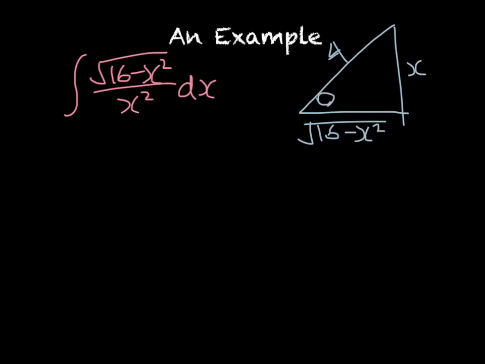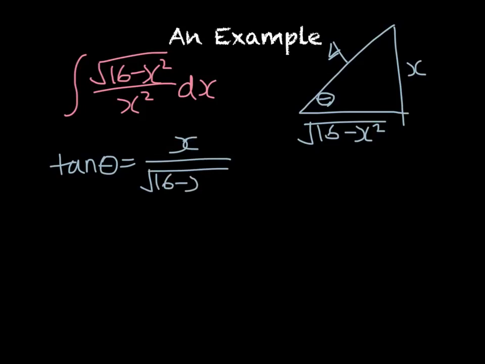We'll label theta. And if we look at the graph, we'll see that the tangent of theta is equal to x over the square root of 16 minus x squared, meaning that the cotangent of theta equals the square root of 16 minus x squared over x.